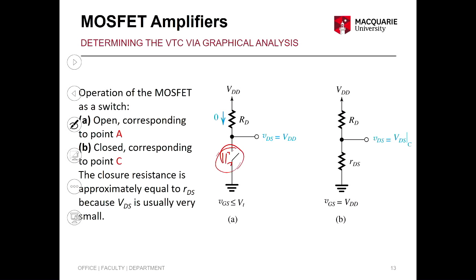When you operate in the triode region, you are just above VTH but not in saturation, because the VDS condition isn't satisfied. You make it operate as if it's turned on, and it gives you a current. That's how you can do it as off or on.